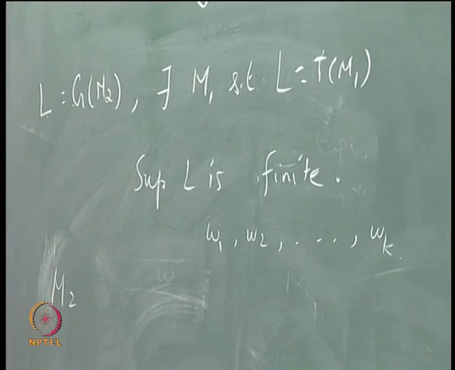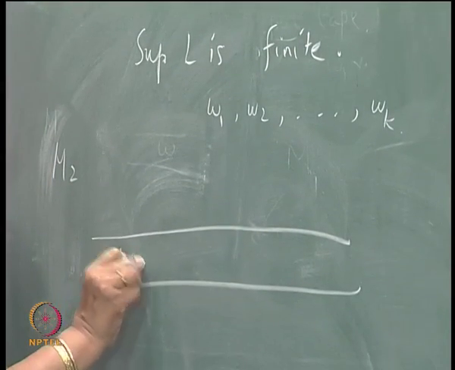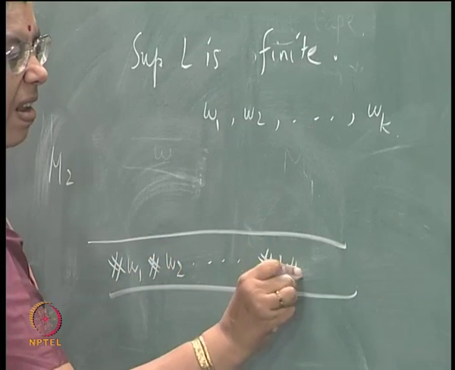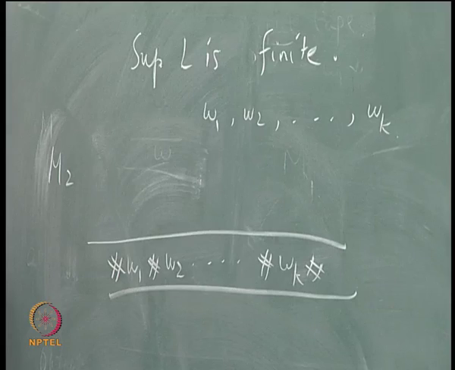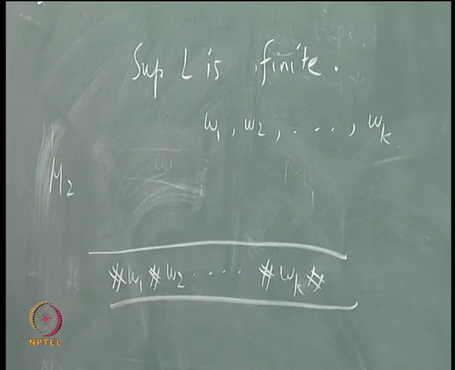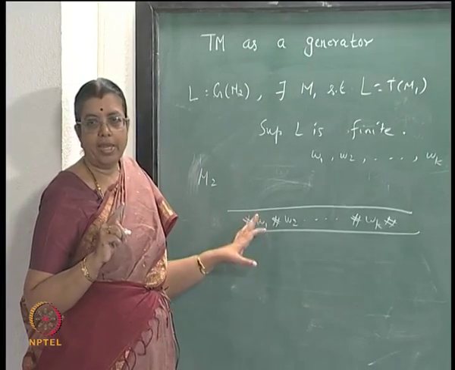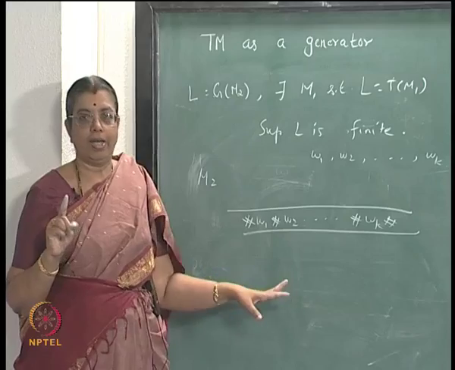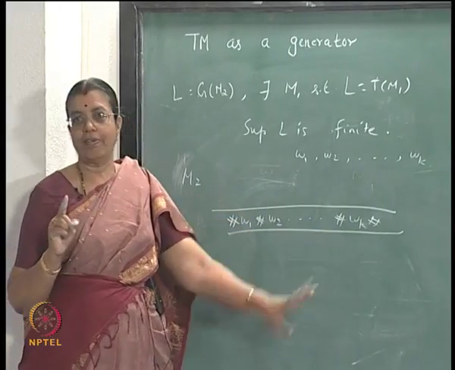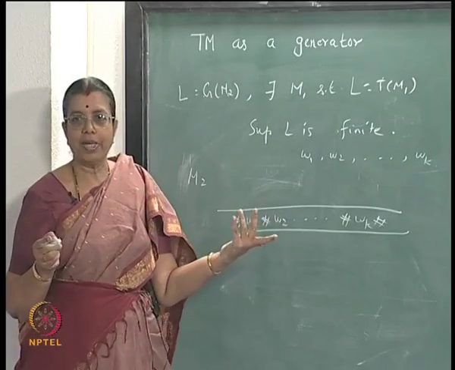So, M2 can print one by one. Now, after printing Wk, we are only saying that it will print all the strings in G of M2. There is no necessity for M2 to halt after printing the last one. If it halts, well and okay, but there is no necessity that M2 should halt after printing Wk.